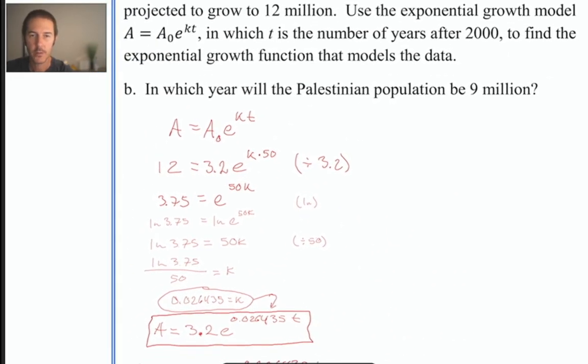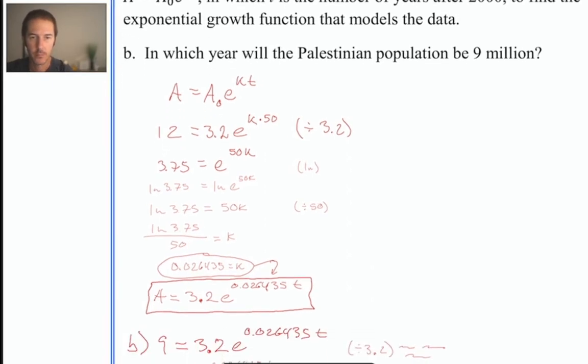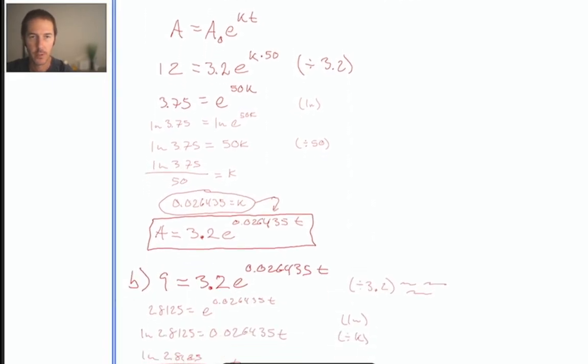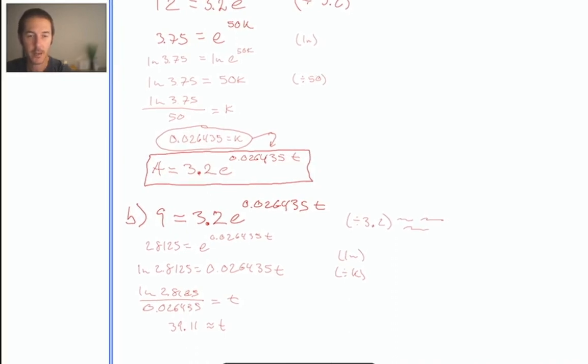In which year will the Palestinian population be 9 million? Some would say in the year, where did it go? Where's our answer? In the year 2039, the population will reach 9 million.